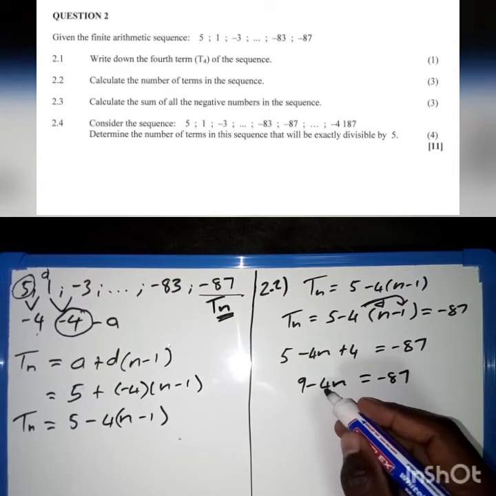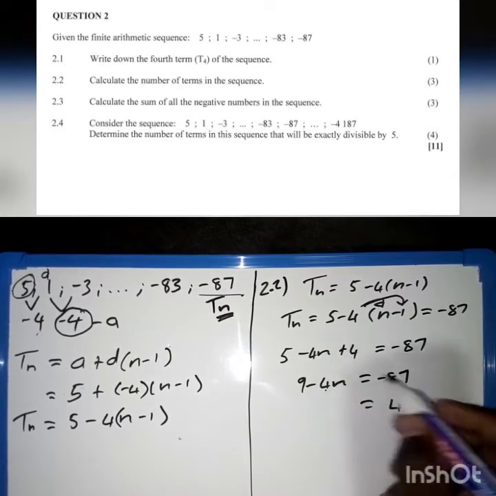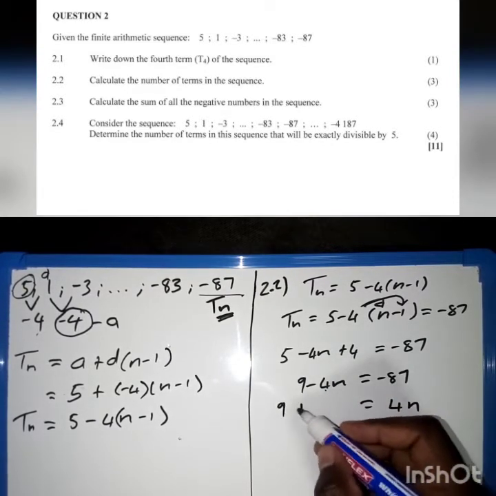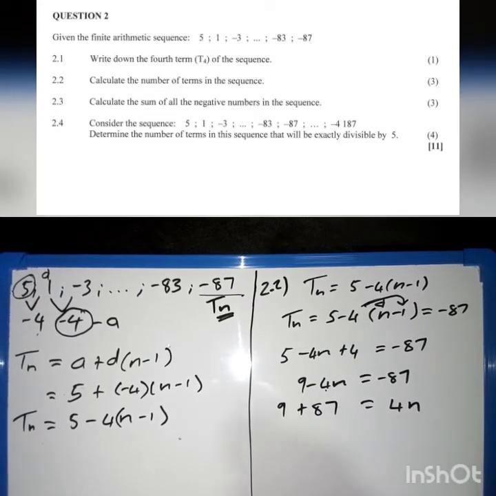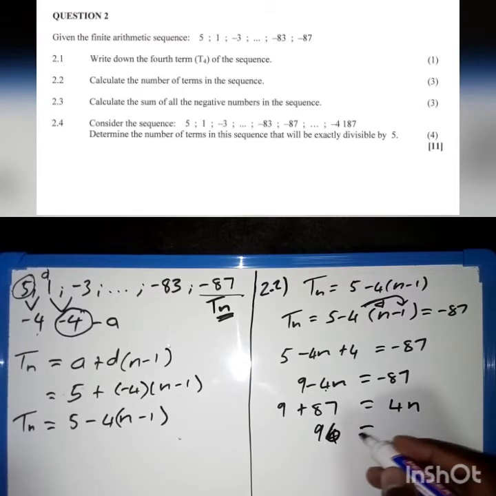I'm going to bring my 4n to this side, so it will be positive 4n, and 87 to this side, so it will be 9 plus 87, which gives us 96. 96 is equal to 4n.